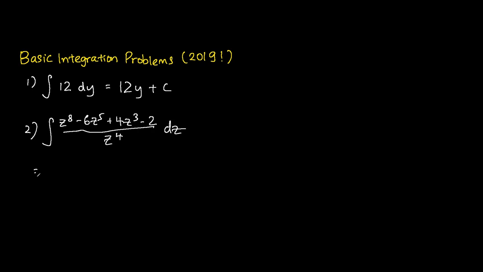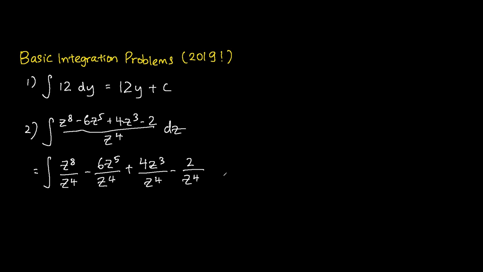So this is equivalent to the integration of z to the power of 8 divided by z to the power of 4, minus 6z to the power of 5 divided by z to the power of 4, plus 4z to the power of 3 over z to the power of 4, minus 2 over z to the power of 4. And don't forget to put a bracket around it. The whole thing itself, we have to integrate.